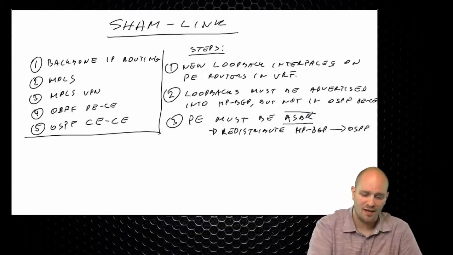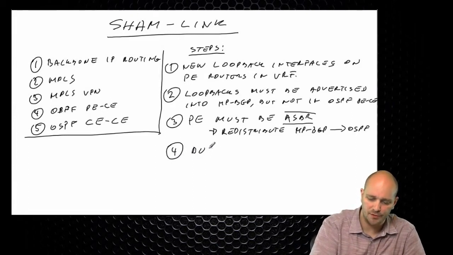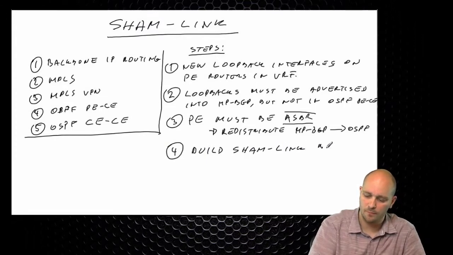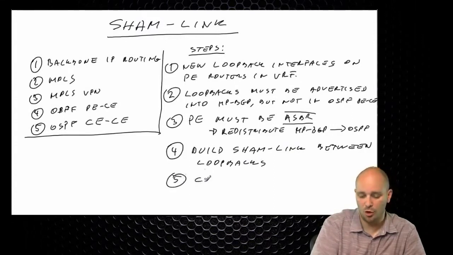Now, once you have this in place, what you need to do is build the sham link between your loopbacks. And finally, you may need to perform some cost adjustments.